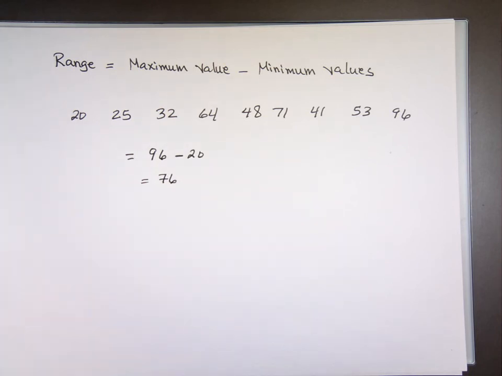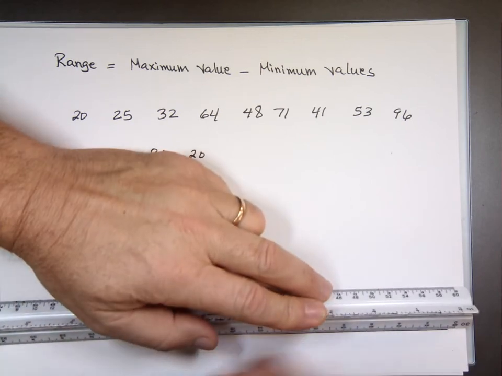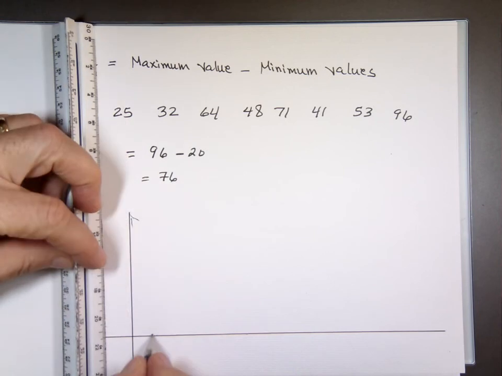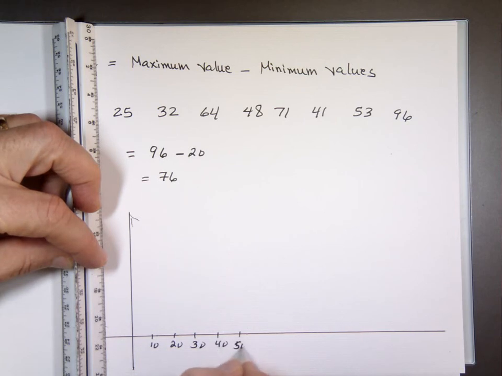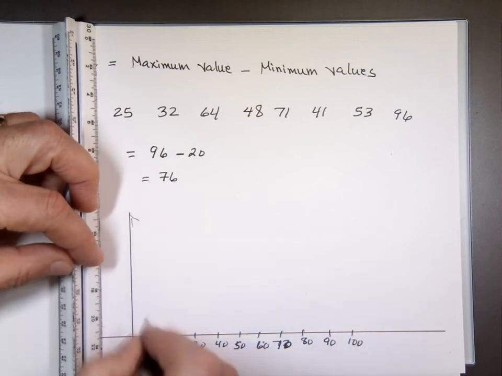If you wanted to do a scatter graph and plot these dots and see where every student is, you have the graph looking like this, this is the 10, this is the 20, the 30, the 40, the 50, 60, 70, 80, 90, and 100. You'll notice values like this, all the way spread, all over.